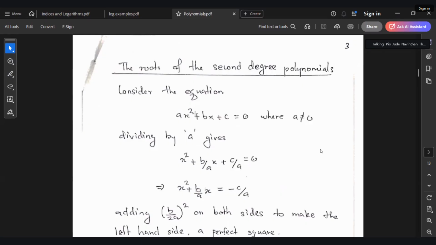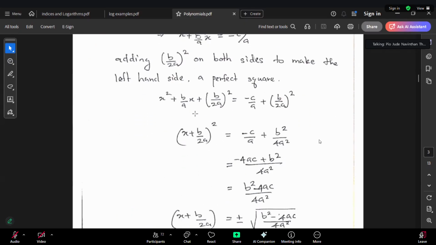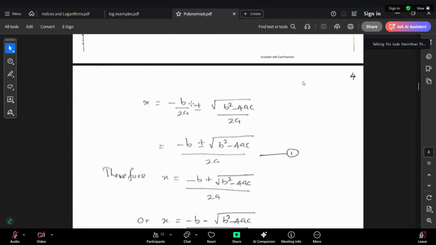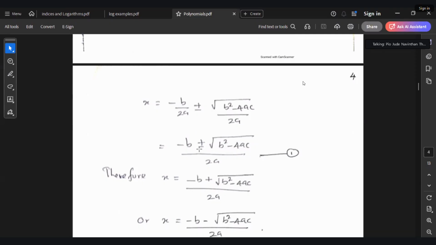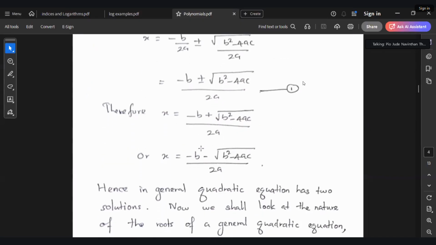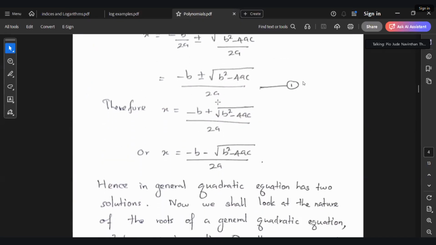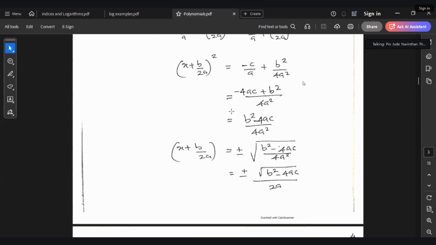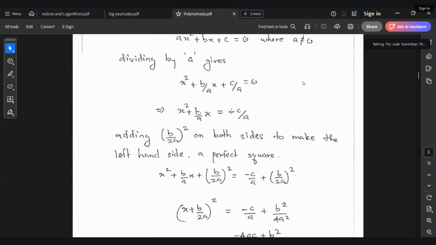Like that, x will have 2 values. If you consider plus, you will get one result; if you consider minus, you will get the other. How do we get it? Don't worry, no need, actually, right?